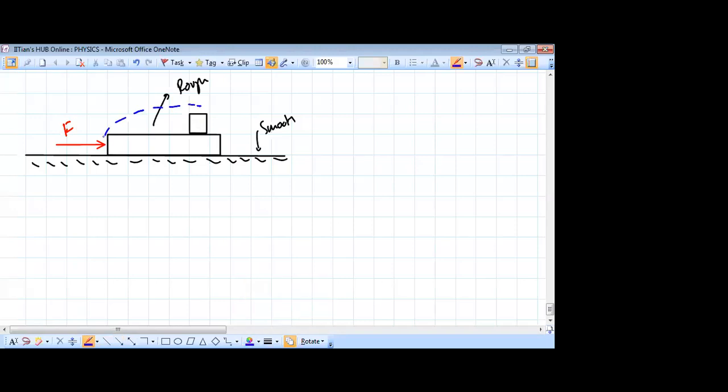They start moving together as one object would move with an acceleration a. And this acceleration we want to find out. So this is the meaning of there is no slipping.